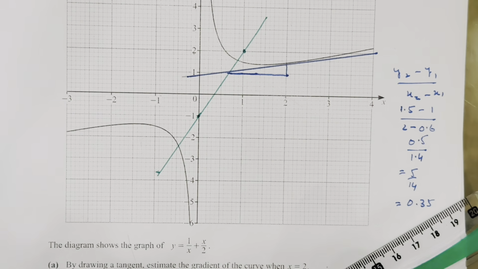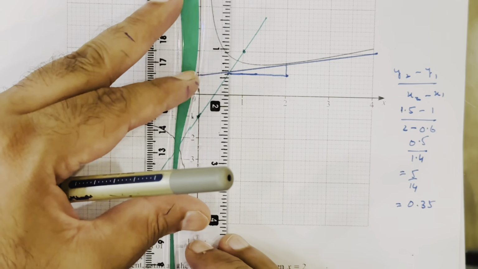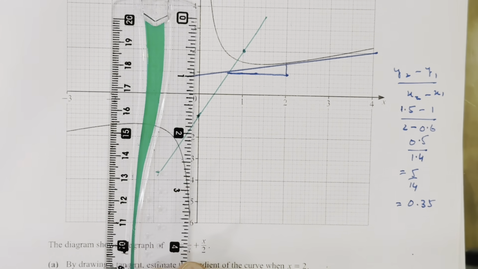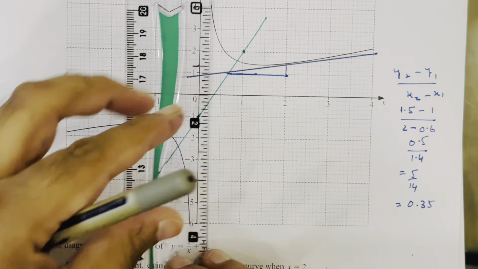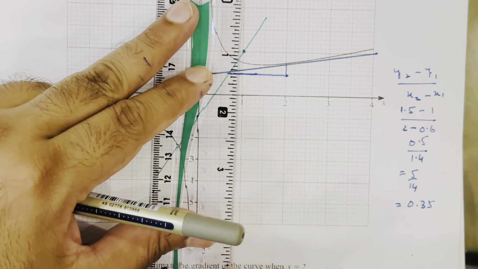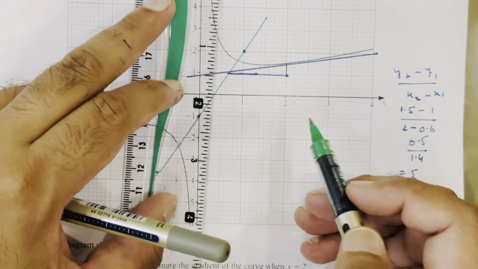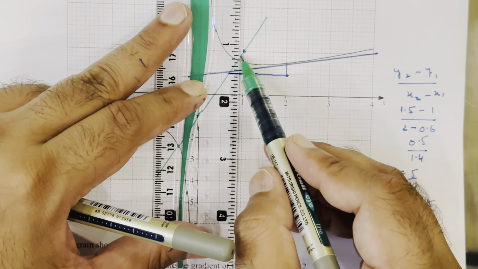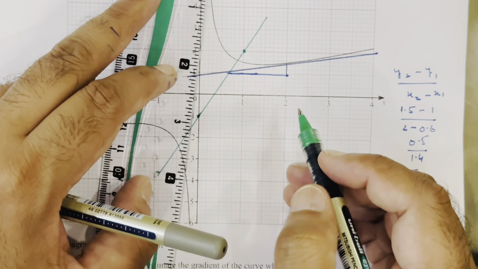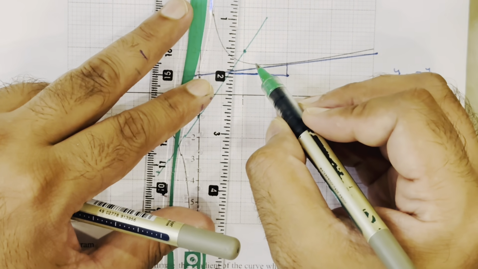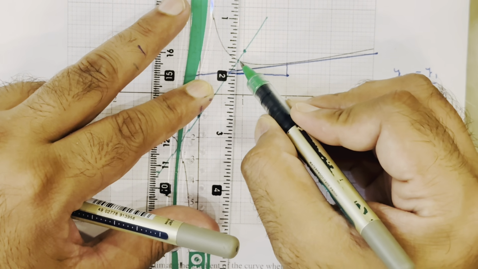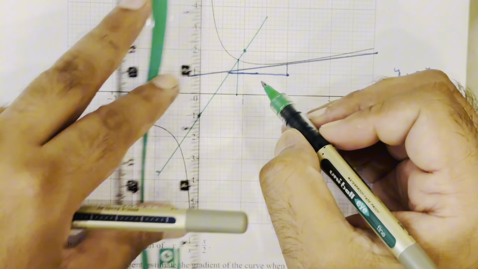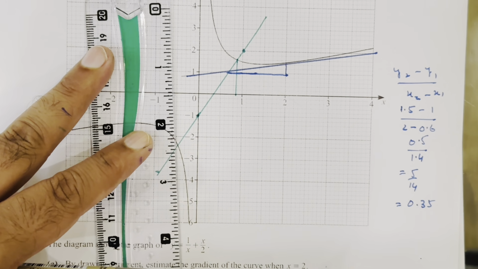Okay, now you need to plot these lines, which are cutting at the x-axis, so you need to carefully plot these lines.